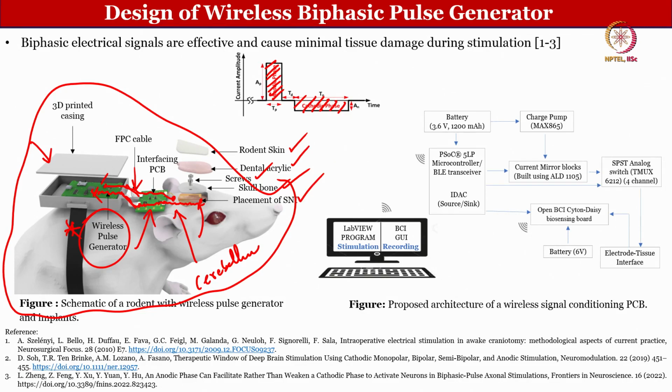Now if you look at it, this is a typical wireless architecture that I am proposing, but there are many other ways also to do it. Now there is a microcontroller here. You see this is from PSOC, Cypress Semiconductors, and this microcontroller can be wirelessly controlled.